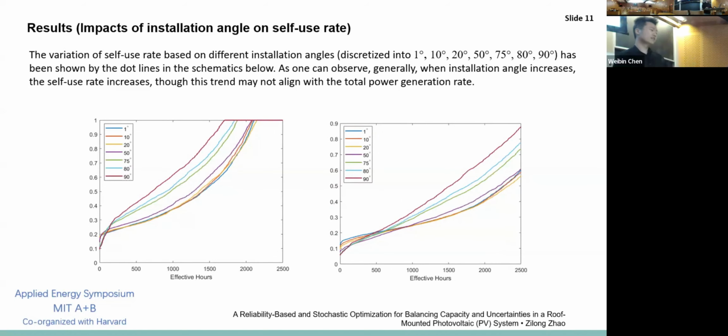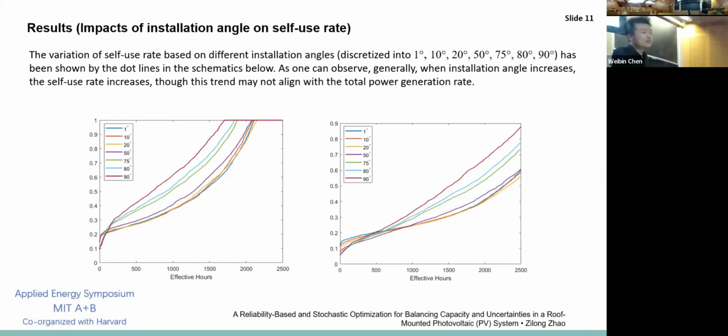Similarly, if you look at the self-use rate specifically, along the effective hours simulated, when you change the installation angle from 0 to 90, and here are some typical representative angles, there are also some differences between each of the cases.